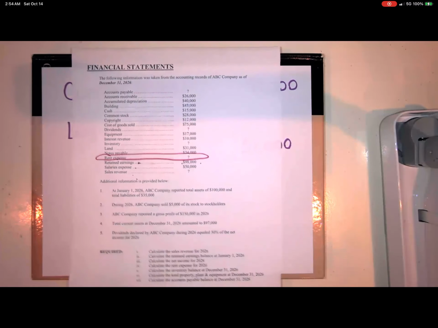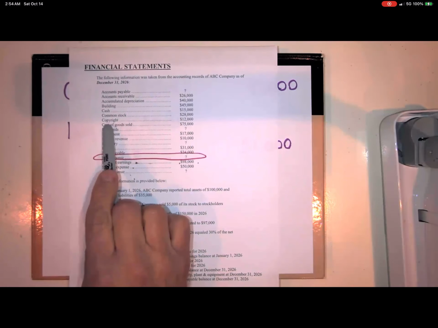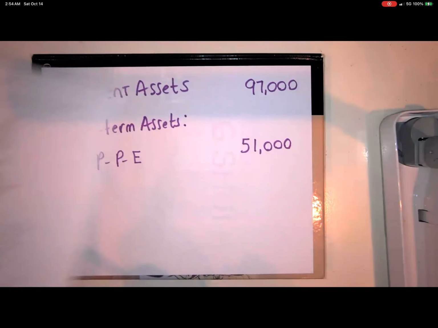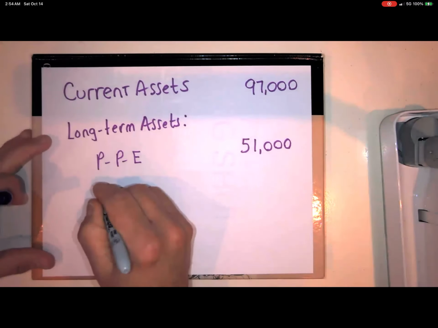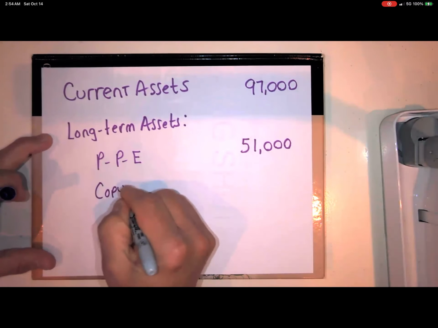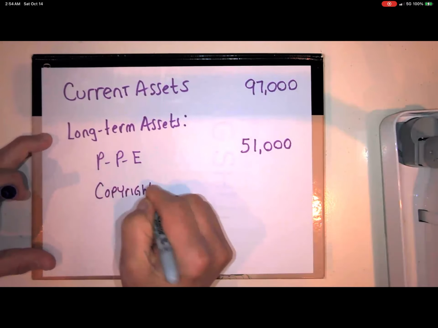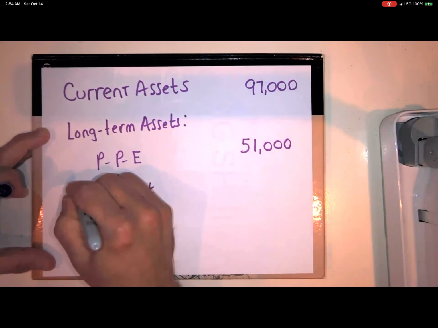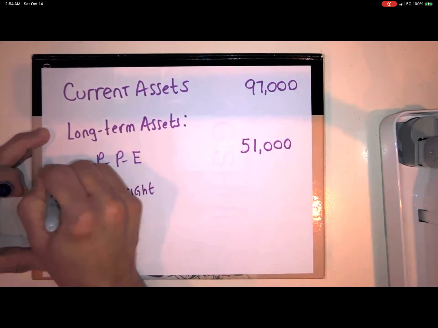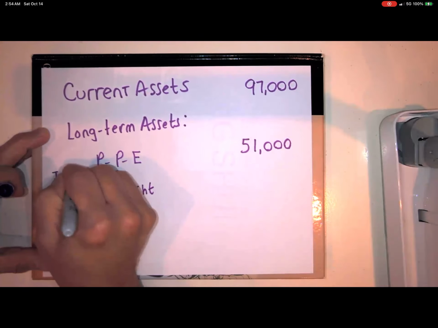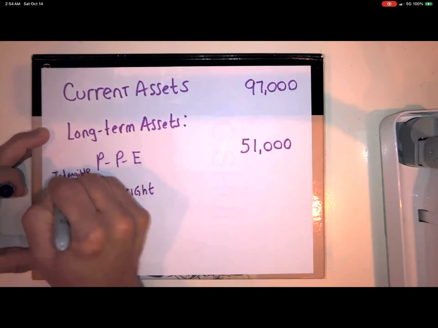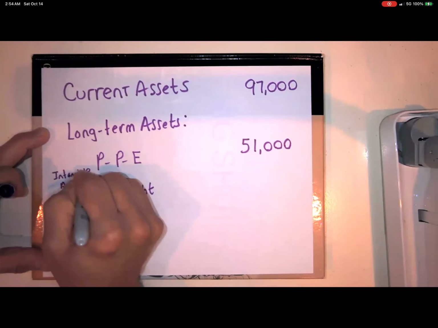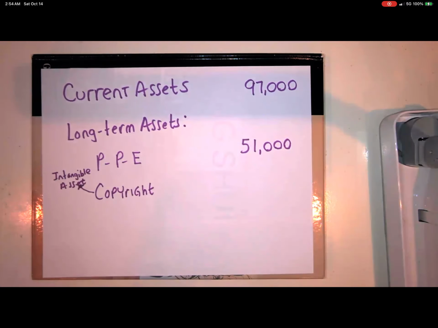The not so great news, there is a copyright right there. So we do need to include the copyright here. And I think in your guys' notes, you should note to yourself the copyright is an intangible asset.